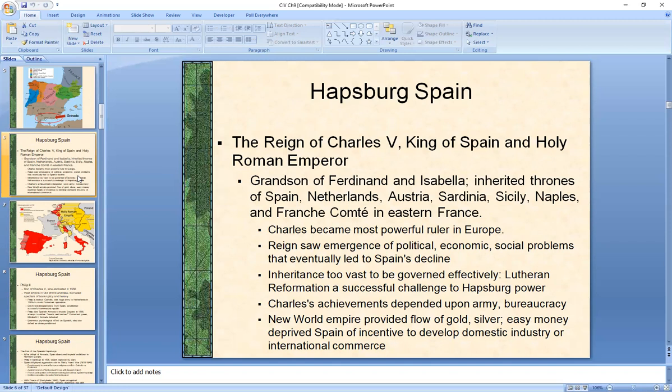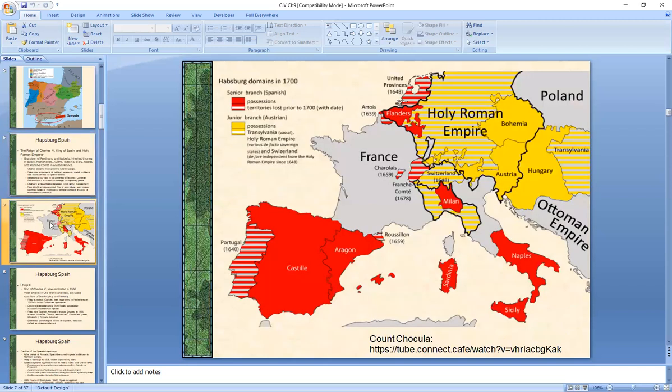What he did was he relied on the New World, all of this exploration, just like his grandparents did, to bring in gold and silver. It was easy money. And because that easy money was getting dropped in their lap, Spain never really developed domestic industry or international commerce, which is going to be part of their downfall.